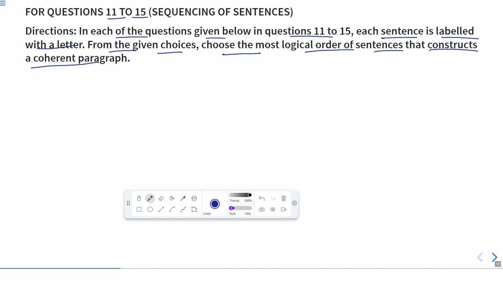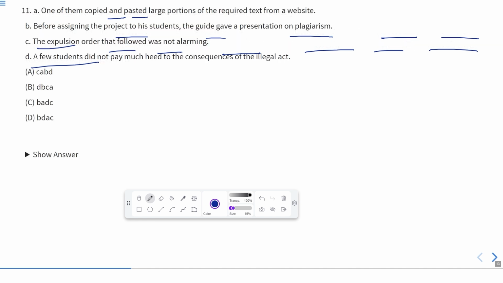We will be given 4 sentences. We have to shuffle those sentences in such a manner that they create a meaningful paragraph. So we have to rearrange all the sentences which are not arranged properly. We have to make a sequence, and out of the 4 options we have to select the correct sequence.